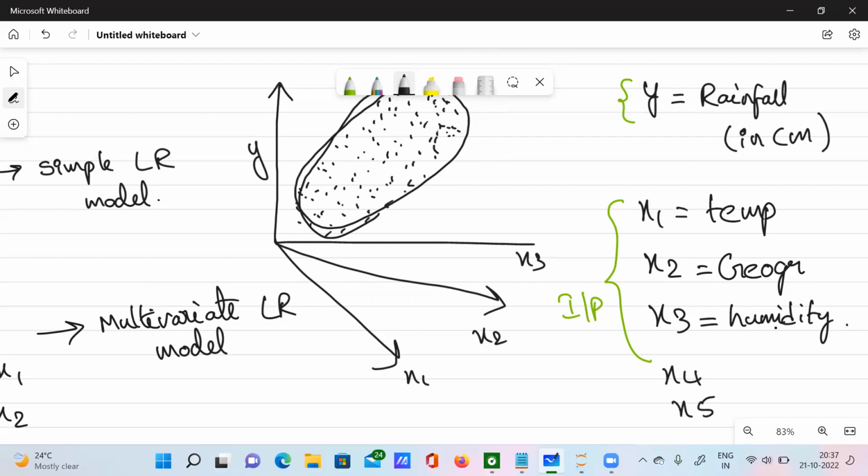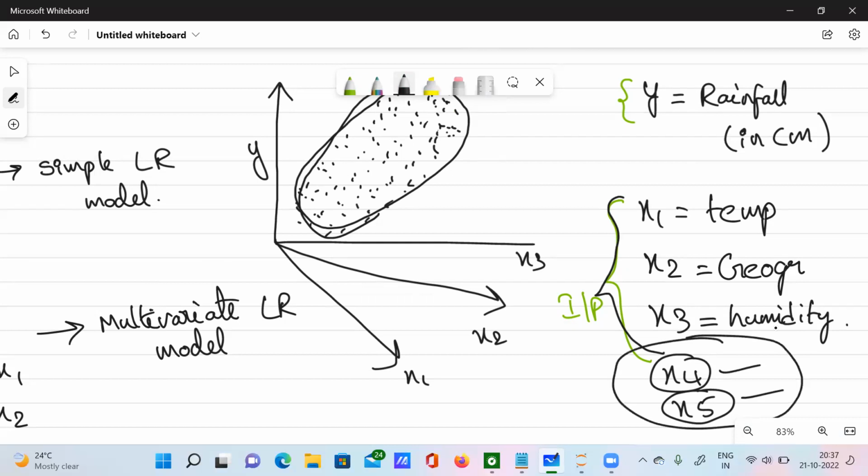But we don't have any information regarding these factors, that is x4 and x5. So we are not considering these two variables in our model. We are only considering x1, x2, x3, but not x4 and x5. Why? Because we don't have any idea about these factors, so we are not considering these two variables in our model building.